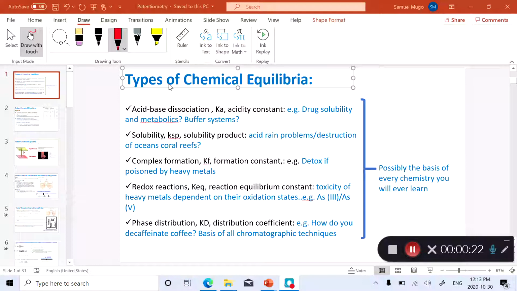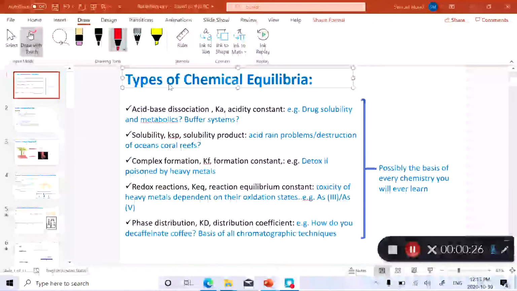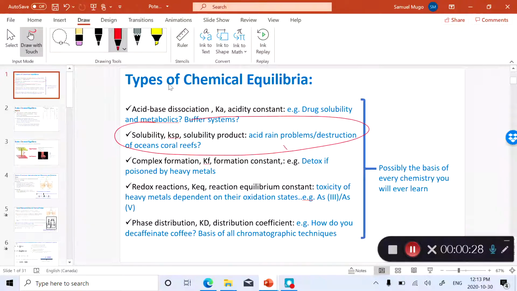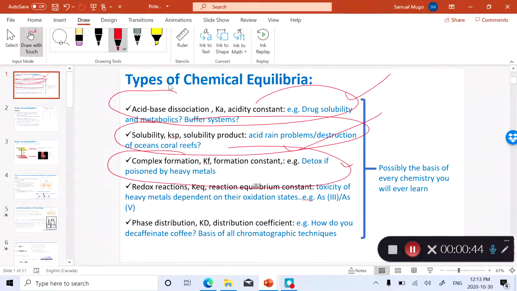Now, if you remember, over the last couple of weeks, we've already talked about solubility product equilibria. We've already talked about pH or acid-base equilibria. And I remember when I was discussing the solubility product equilibria, I also mentioned a little bit about complex formation equilibria, or what they call the complexometric equilibria.